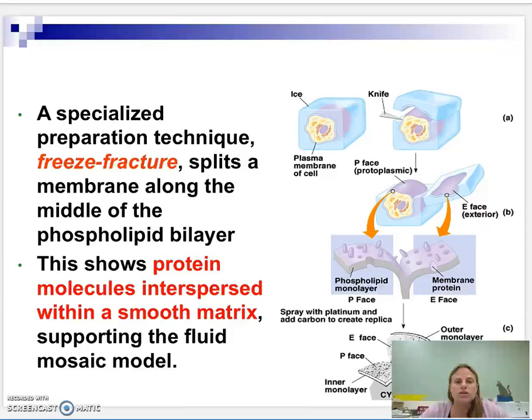Freeze fracture is the technique that showed us how the proteins are speckled through the phospholipid bilayer.